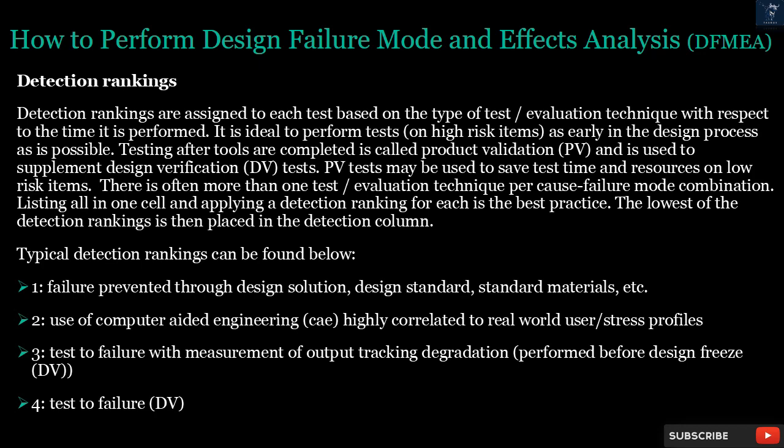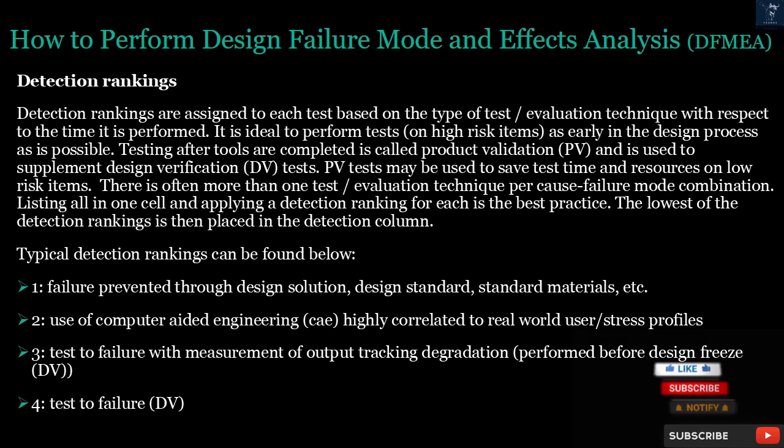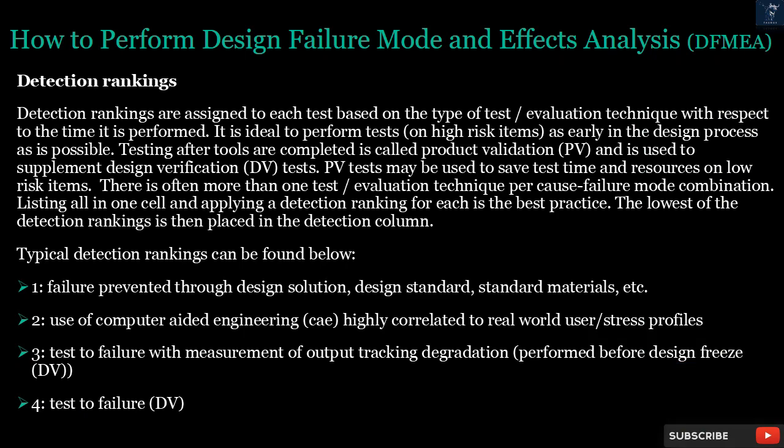PV tests may be used to save test time and resources on low-risk items. There is often more than one test or evaluation technique per cause-failure mode combination. Listing all in one cell and applying a detection ranking for each is the best practice. The lowest of the detection rankings is then placed in the detection column. Typical detection rankings can be found below.